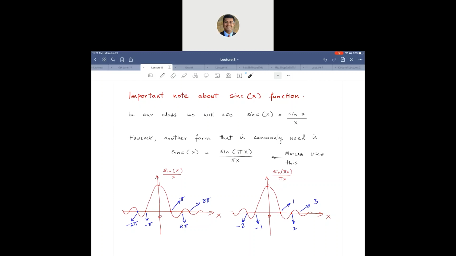The zero crossings for sine x over x with respect to x happen at pi, 2 pi, 3 pi, -pi, -2 pi, and so on, so integer multiples of pi. And for sine pi x over pi x, they happen at integers, apart from 0: plus and minus 1, plus and minus 2, plus and minus 3, and so on. So that's the only difference. But for this class, we are using sine x over x. But that is something to note.